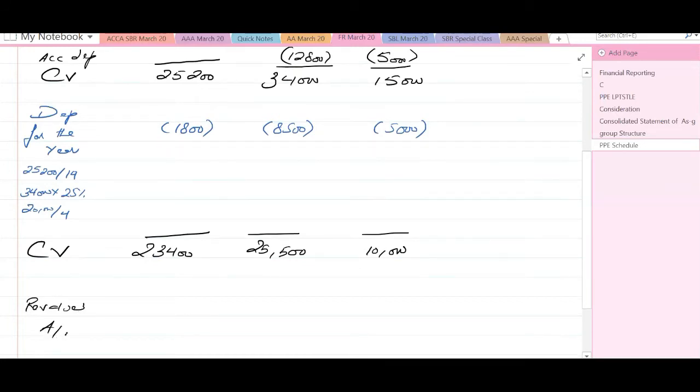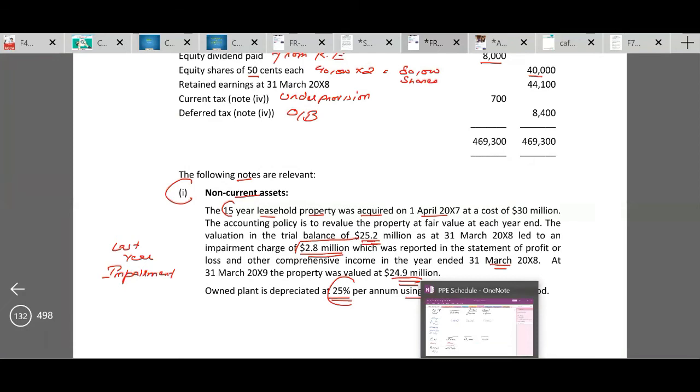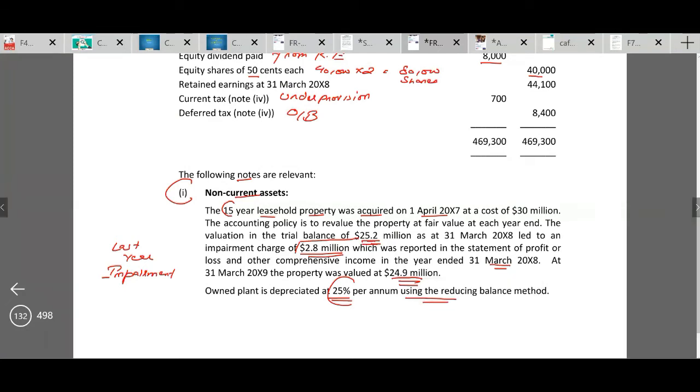So revalued amount was 24,900. That means it has gained value. So how much gain? 24,900 minus 23,400. There's a gain of 1,500. Now, why did they give you this point that in the last year they have charged the impairment?